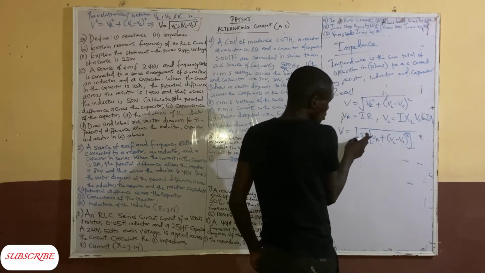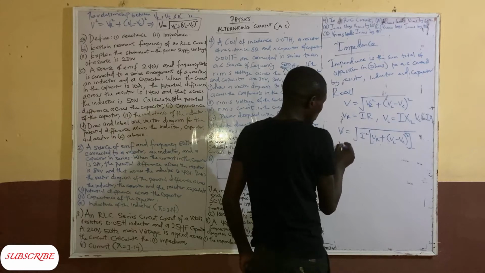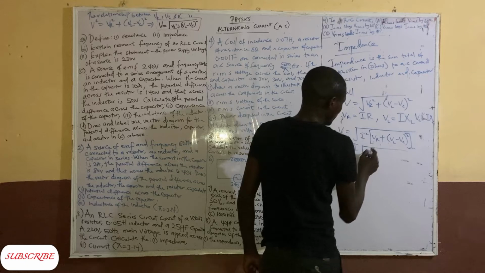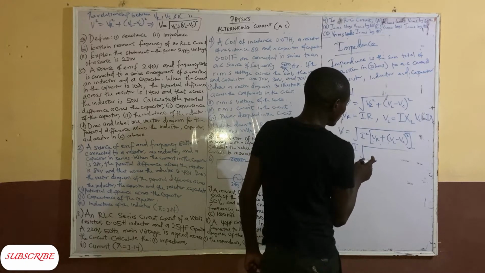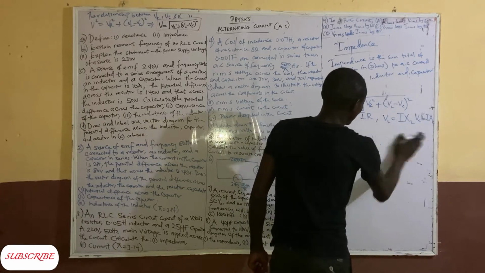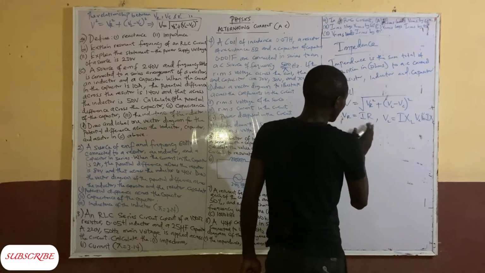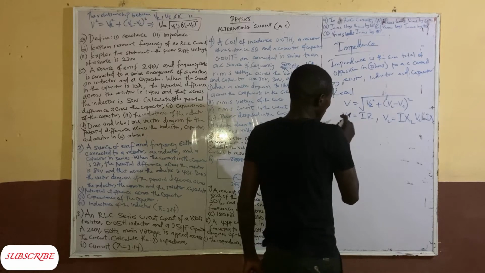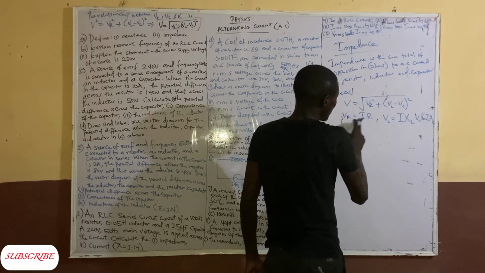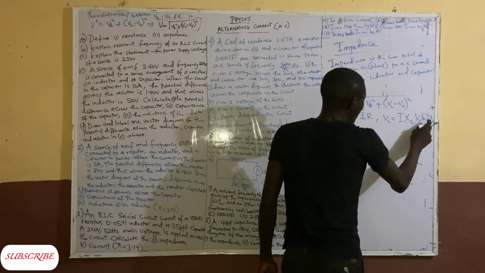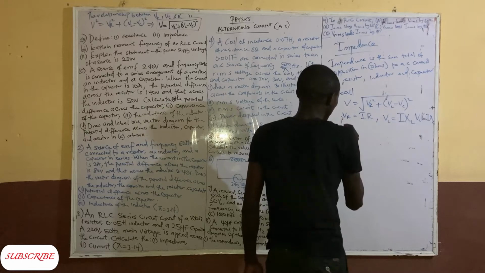So you can now find the square root of this I squared. So V equals I times the square root of, when you put VR equals IR, VL equals I XL, VC equals I XC.